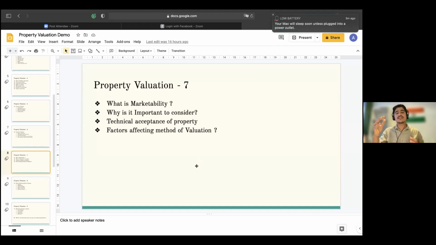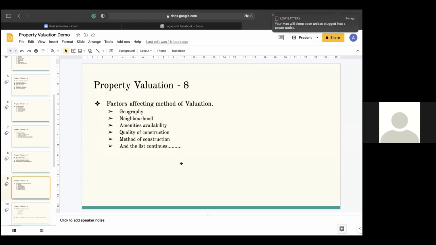This is a list of almost 10 plus factors which we will go into in depth. Factors affecting the method of valuation are really very important, because they will not affect the value directly, but directly and indirectly they will be a part of your valuation. I will give you a very, very detailed idea about this, and on day 7 and day 8 we'll go through this.